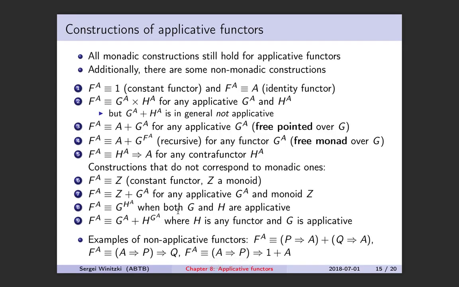So now I will go on to define various constructions that you can use to make applicative functors out of other types. We have seen in the previous chapter a large number of constructions for monads. Since all monads are applicative, all those monadic constructions also hold, but sometimes they hold for a weaker condition.